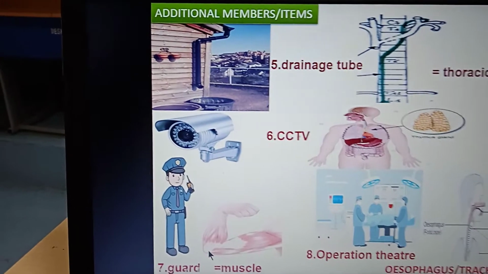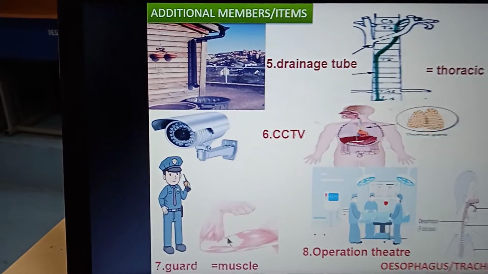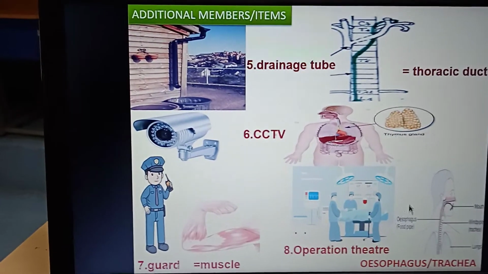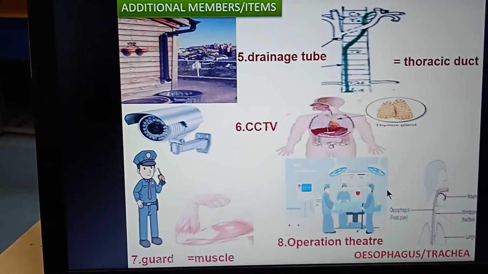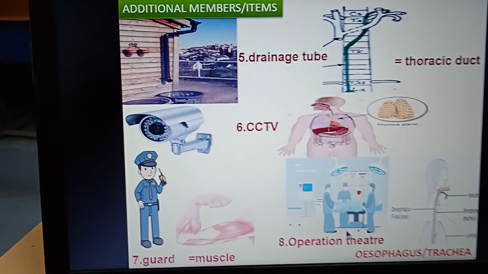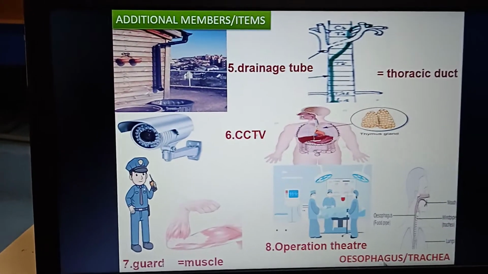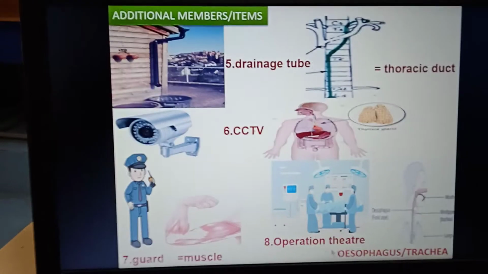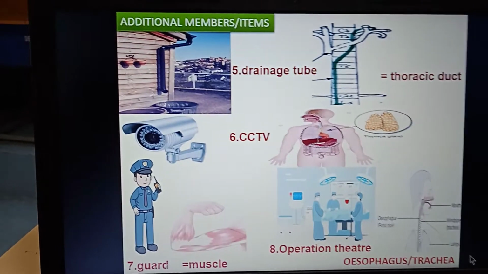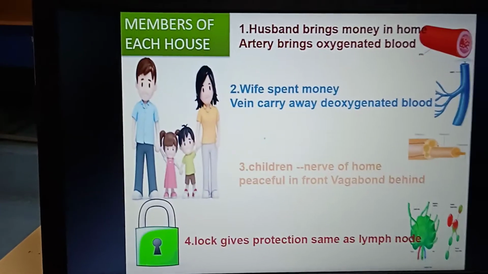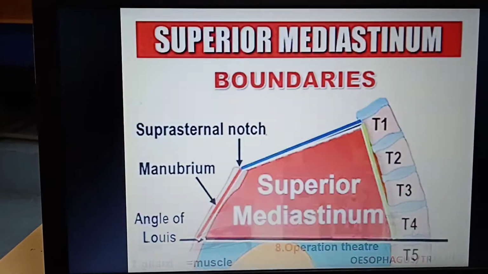One guard is comparable with the muscle. Operation theatre: nowadays, in this corona period, an operation theatre should be there in the home. So in operation theatre, O is for oesophagus and theatre is for trachea. These are the additional but essential items.